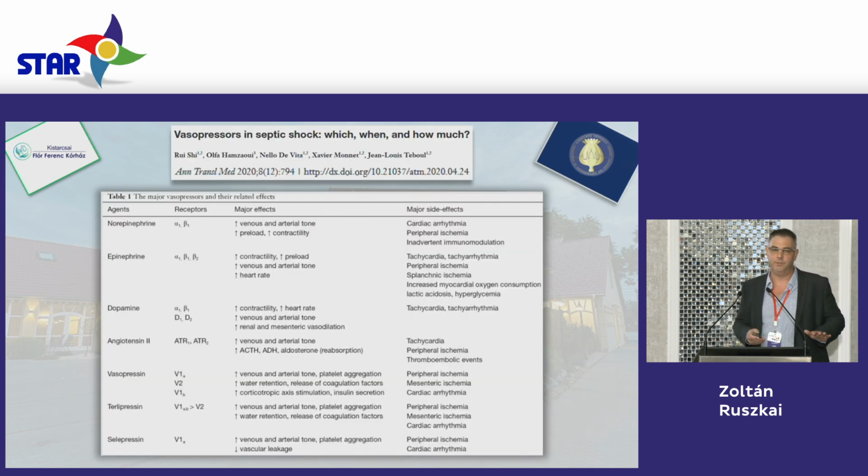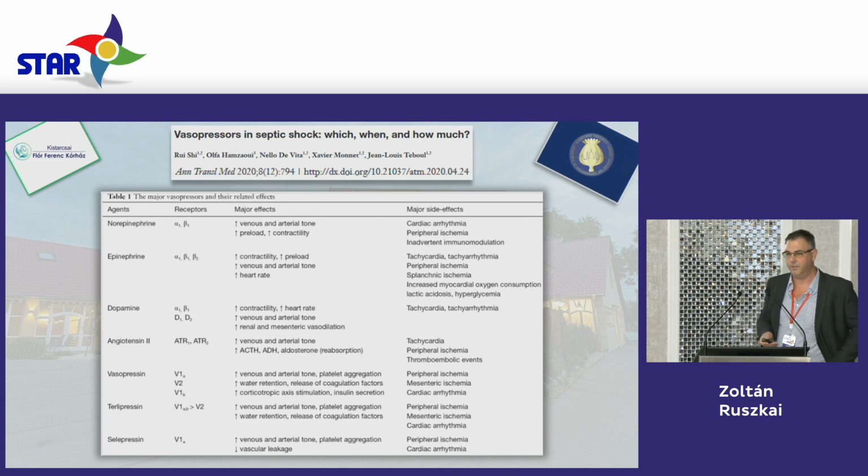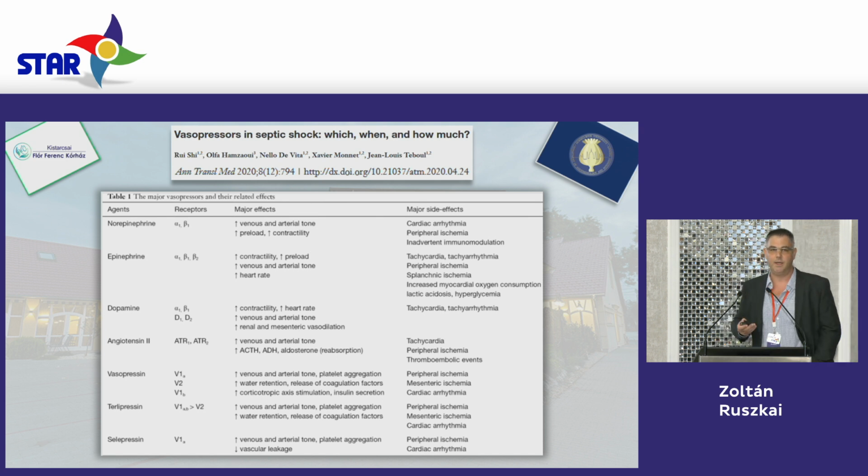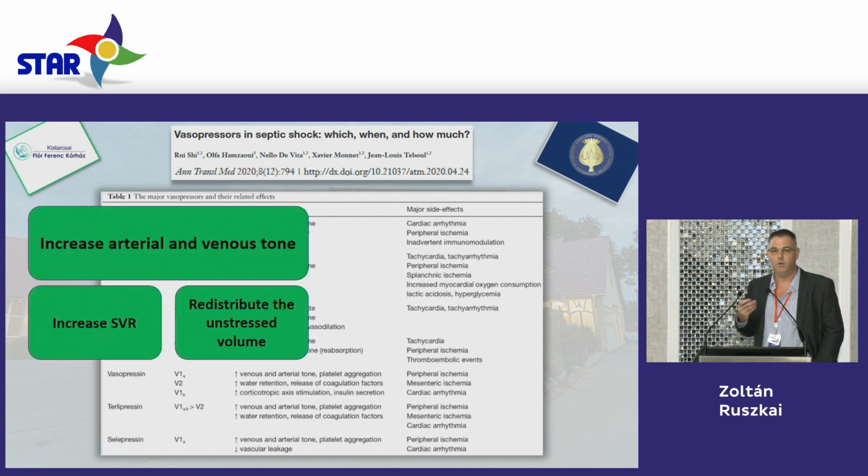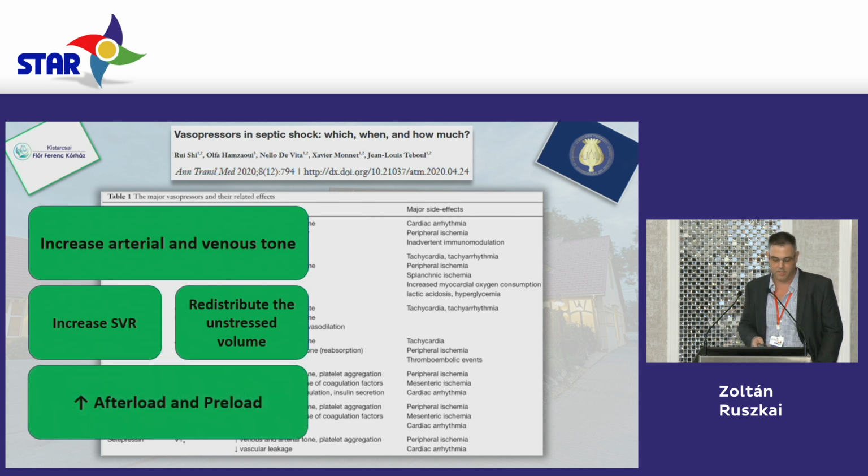I won't go deep into the pharmacodynamics of the vasopressors, but some key points I need to share with you. All vasopressors increase arterial and venous tone also. They increase afterload, and they increase preload also by redistributing the unstressed, hemodynamically inactive blood volume from the venous part of the circulation.